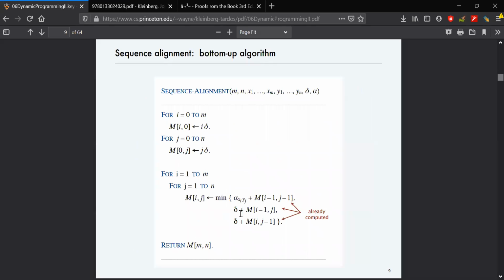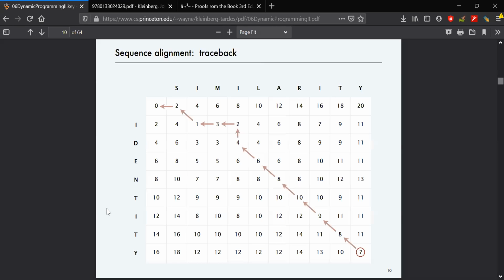I mean, this has to be fine. That when you want to move to an entry, you just look at the three of its neighbors and move according to the corresponding cost.